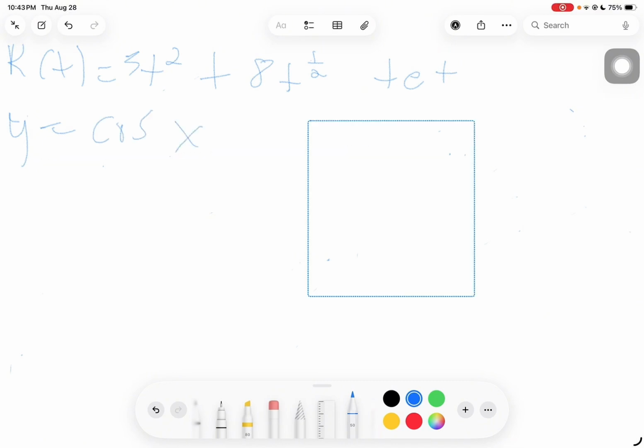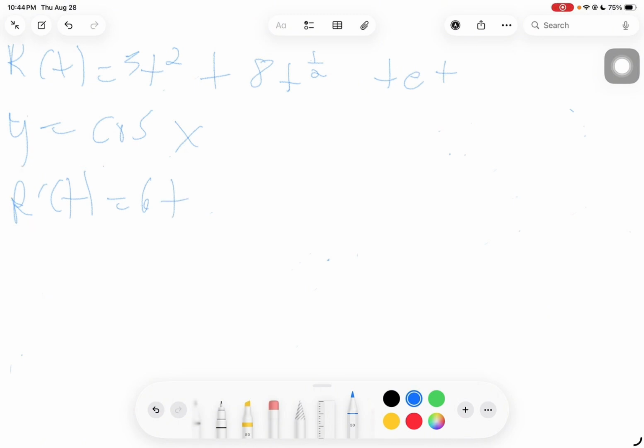So the first derivative is r prime of t is equal to 6t plus 4t to the negative 1/2 plus e to the t. Second one is 6 minus 2t to the negative 3/2 plus e to the t.